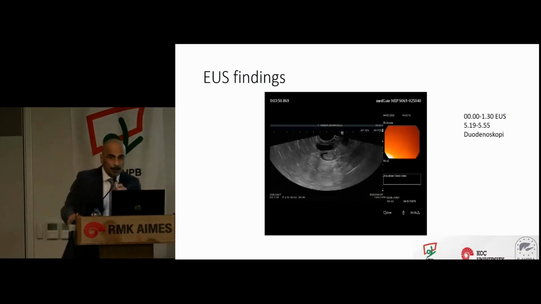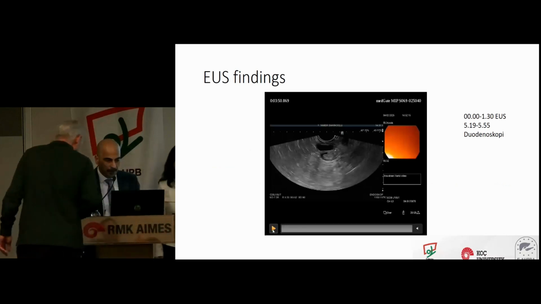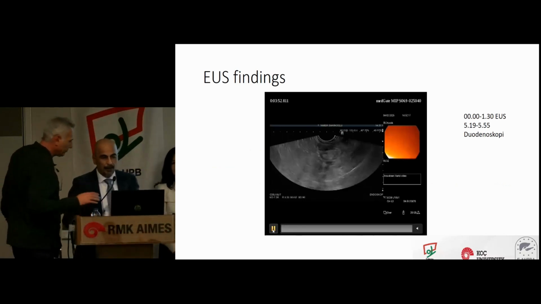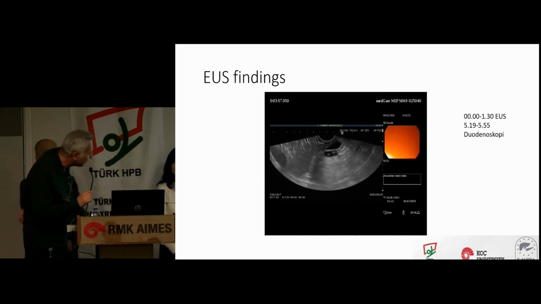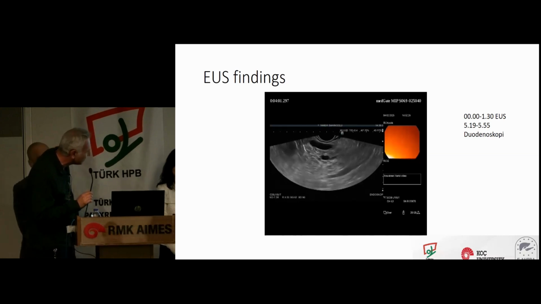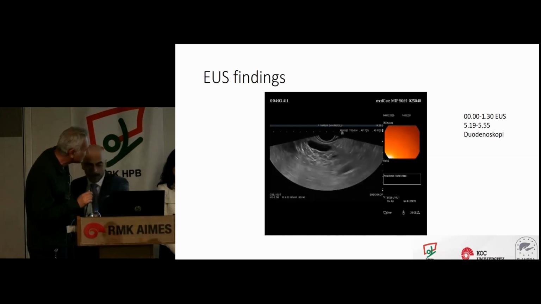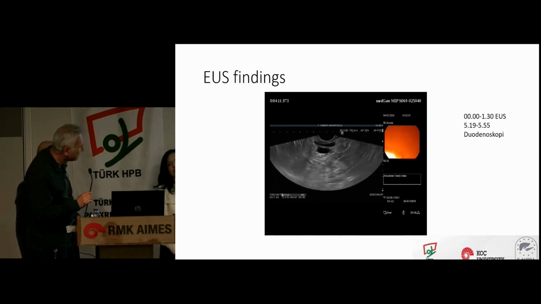Now, Professor Alper, would you please... I've started the ultrasound. I showed you this patient in the morning session. You can see here the dilated pancreatic duct and common bile duct. The rest of the pancreas parenchyma is normal, a little fibrotic.